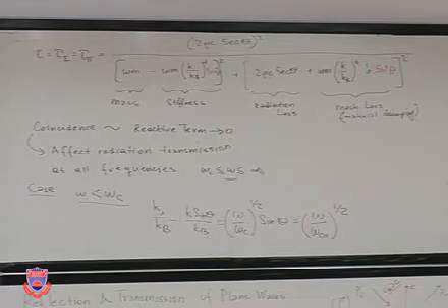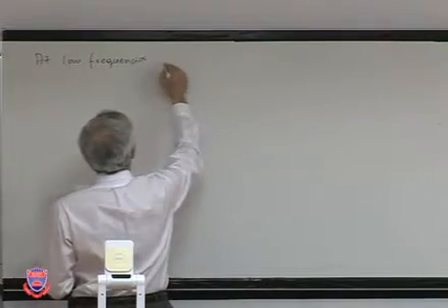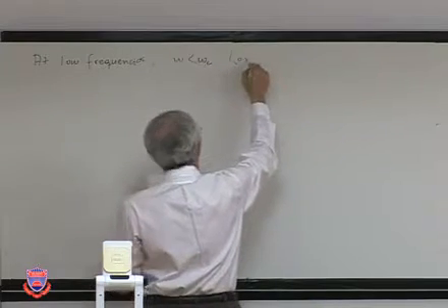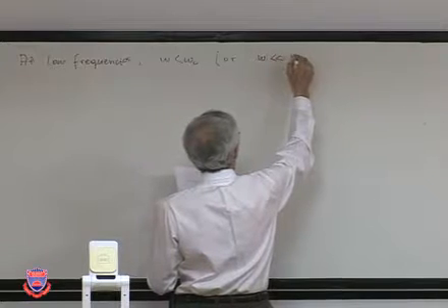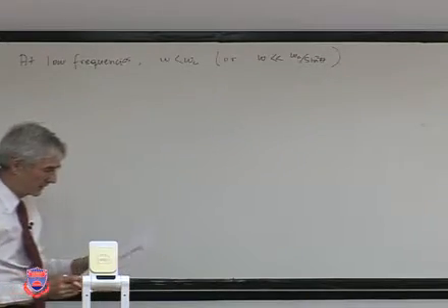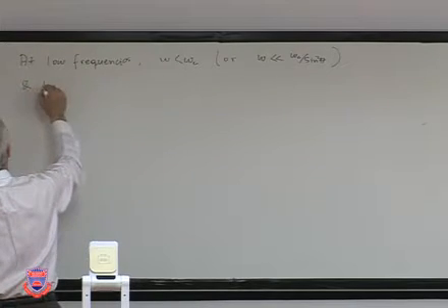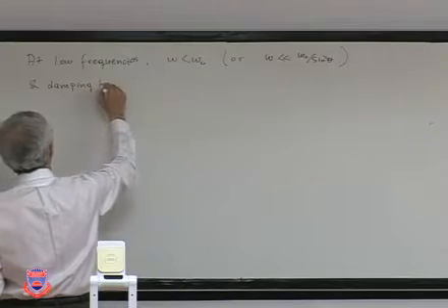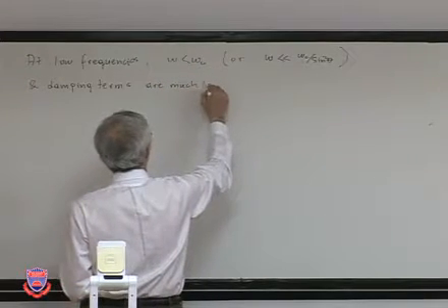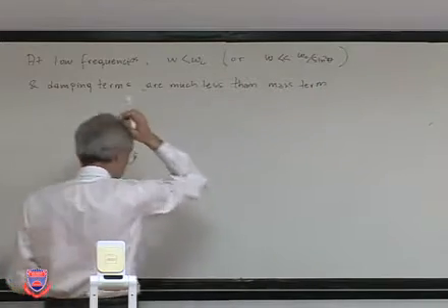So at low frequencies, such that we are below the coincidence frequency, omega is much less than omega c over sine theta squared, where omega c is the critical frequency, and the damping terms are much less than the mass term. What does all this mean?